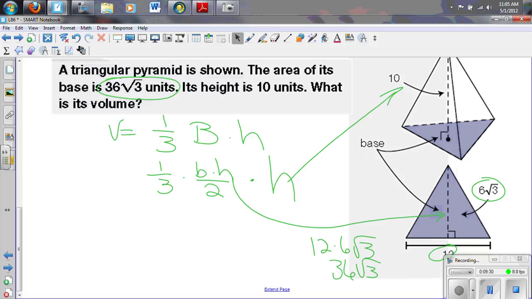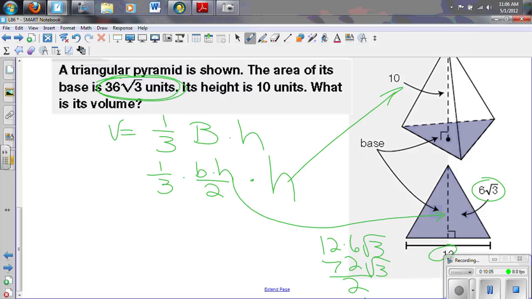But they should have divided it by 2. So I think they made a mistake here, because it really should be 18 square root of 3. Oh no, because I made a mistake. Here, 12 times 6 is not 36. 12 times 6 is 72, and then they divided it by 2. So it is 36 square root of 3. So they already figured that out for you, so you didn't have to.